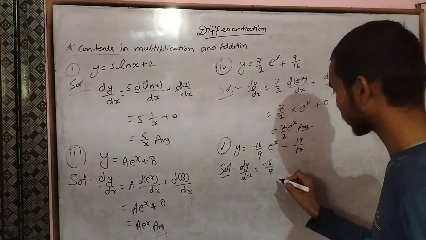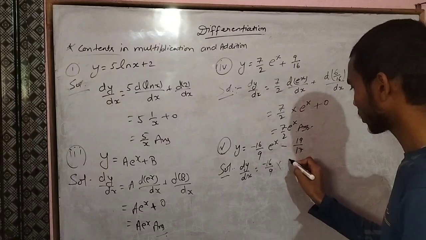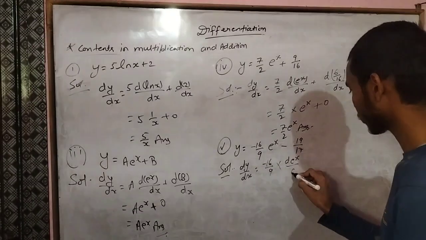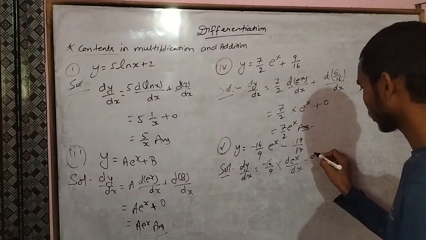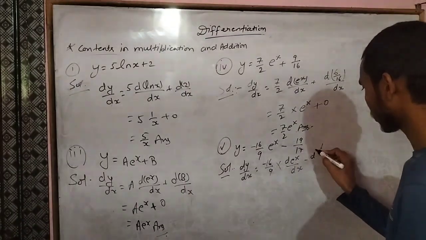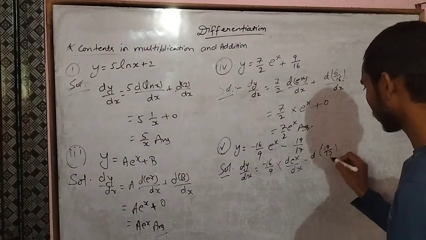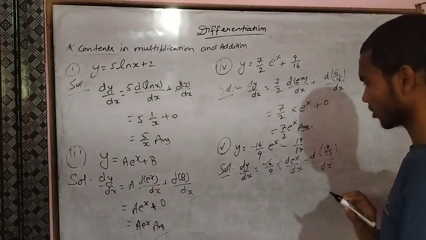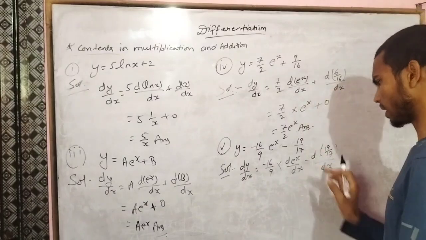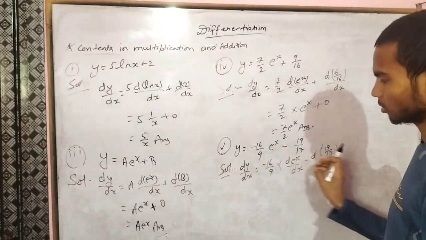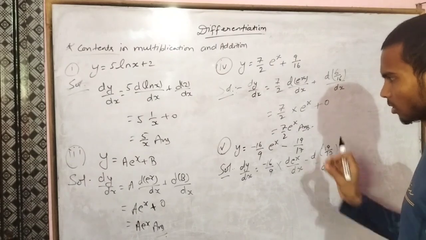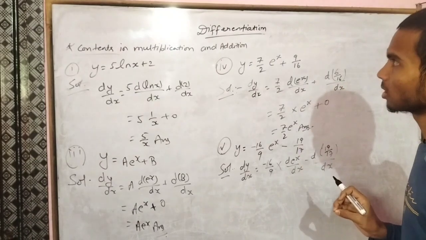Minus 16 by 9 will be written as it, differentiation of ax. Clear? This is the first step, and it is very easy to take the first step of any equation.